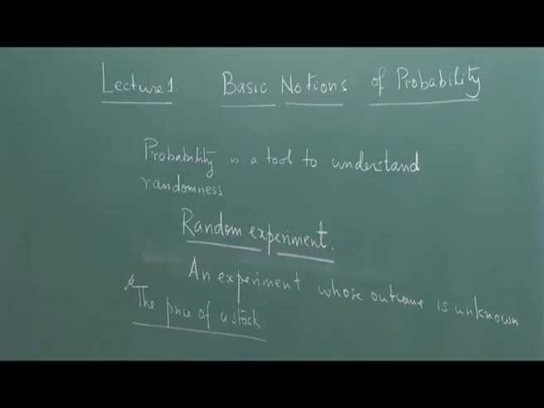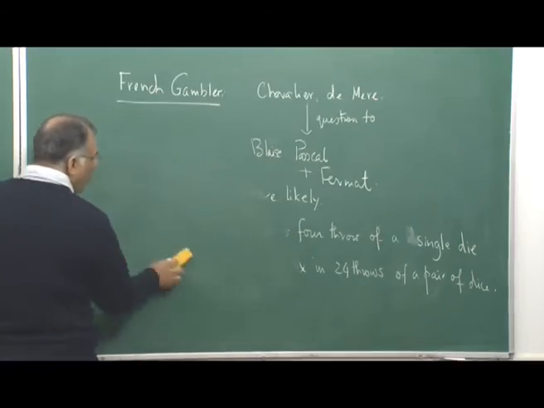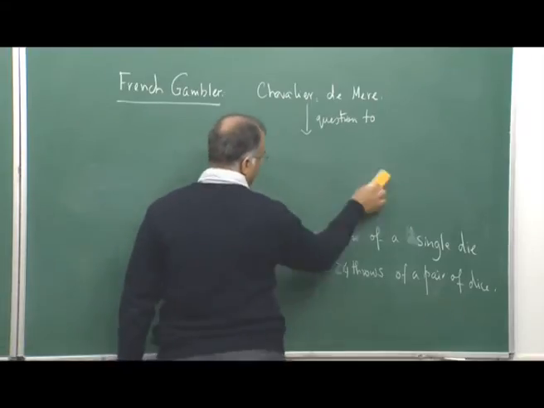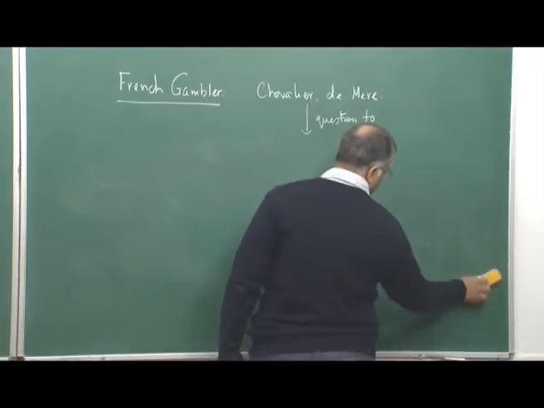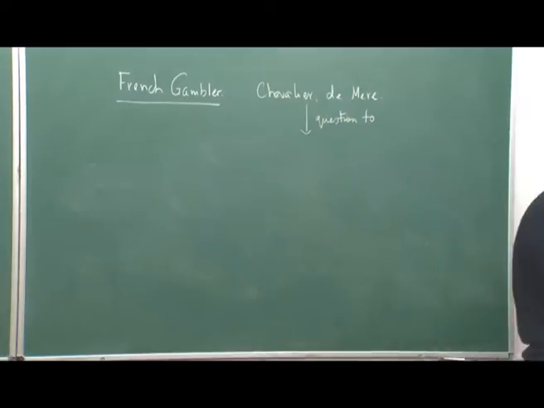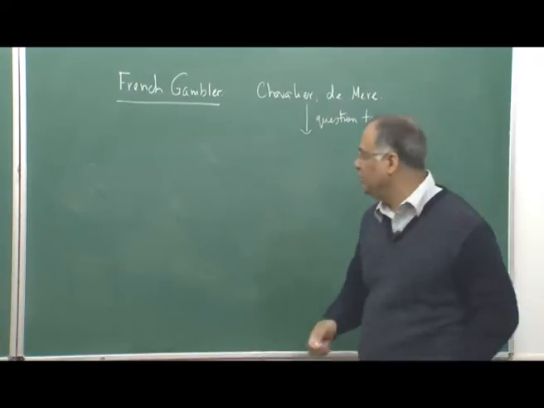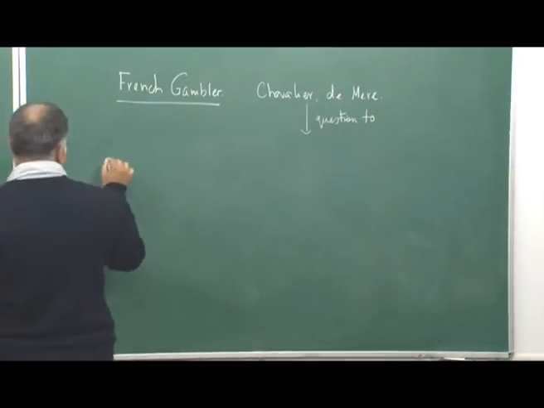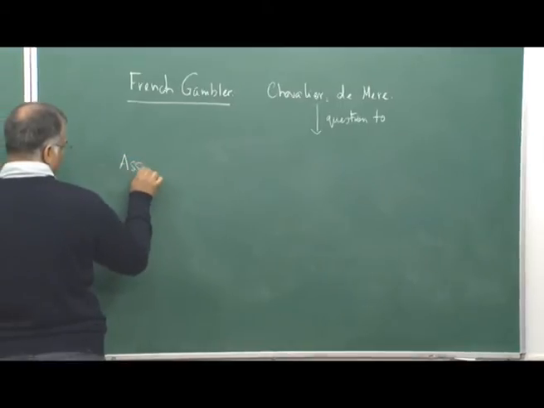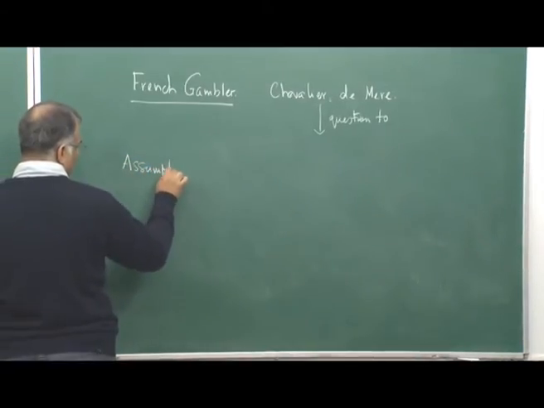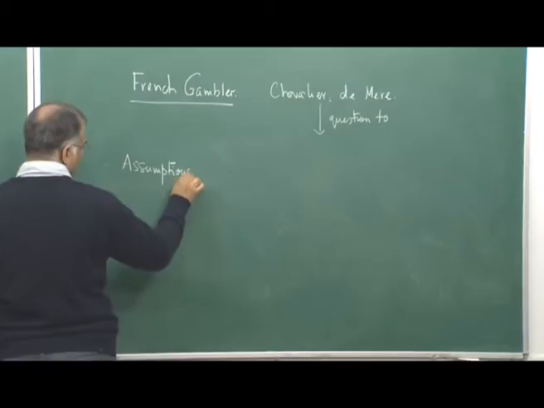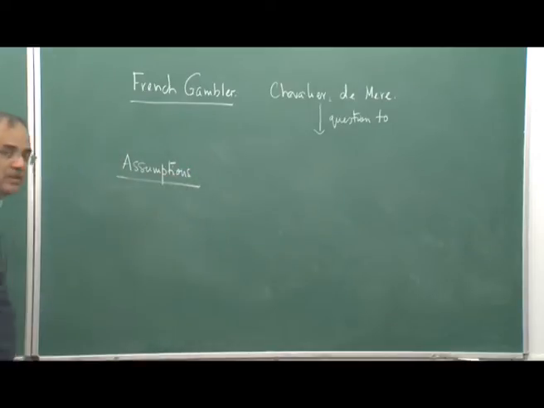So, in a random experiment what is known is that I would at least have an idea of all the possible outcomes. All possible outcomes of a random experiment are known. That is an assumption we always make. Without making some basic assumptions which look natural, science cannot proceed.